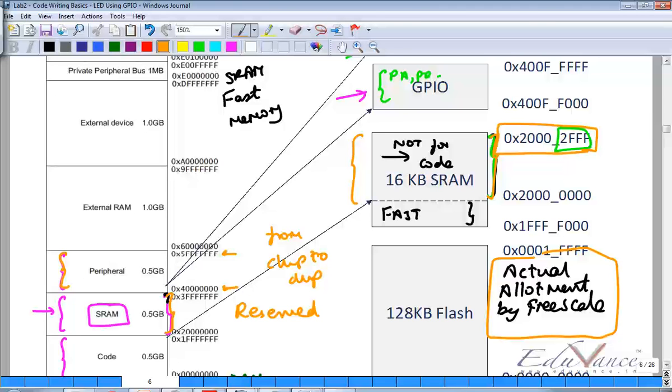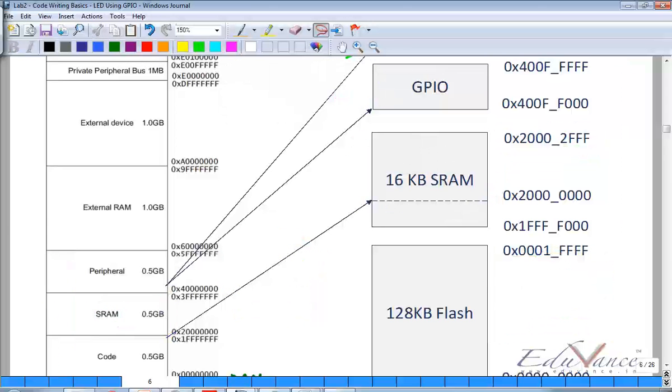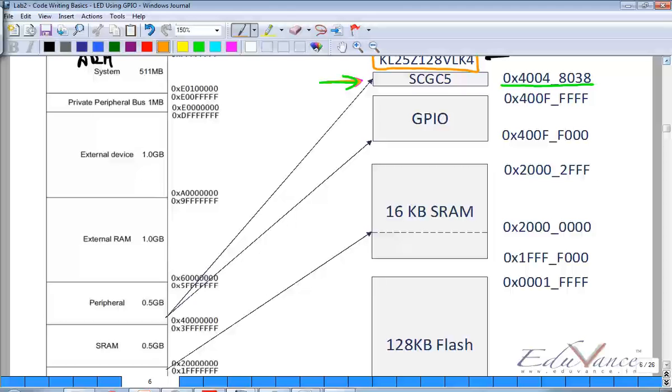So this ends our first lecture on the basics of memory mapped and how memory mapped works. Before I leave you all, let us quickly understand how things work in memory mapped. Let us say I want to configure my GPIO.